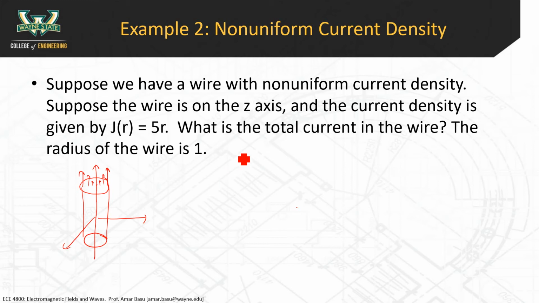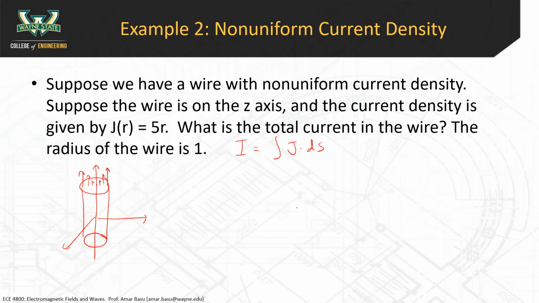I don't have a multiple choice question for this, so this is one that I'd like to go over step by step, and I think we can fit it right here on the slide. So here's the formula that we're going to use. I is equal to the integral of J dot ds.